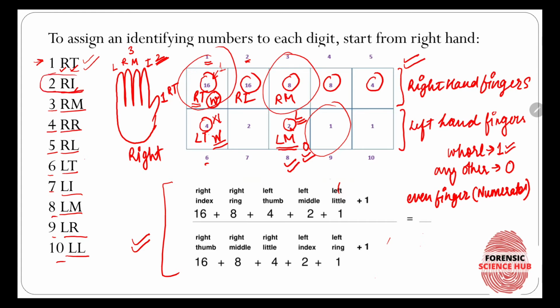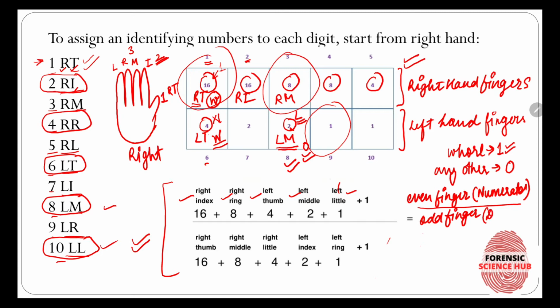This will be an even finger, even finger, even finger, and even finger. So all these right index, right ring, left thumb, left middle, and left little will be present in the numerator, and the rest, that is the odd ones, will be present in the denominator. Divide by odd fingers in the denominator.